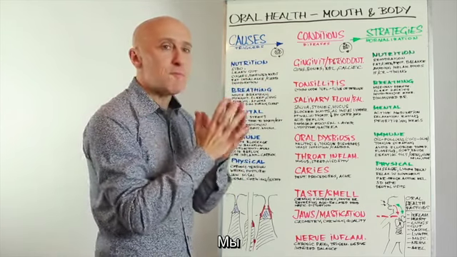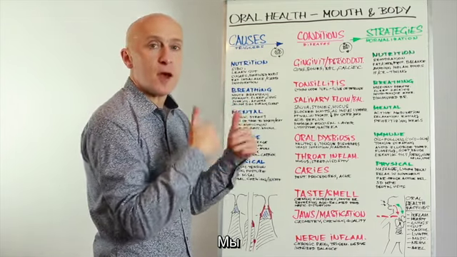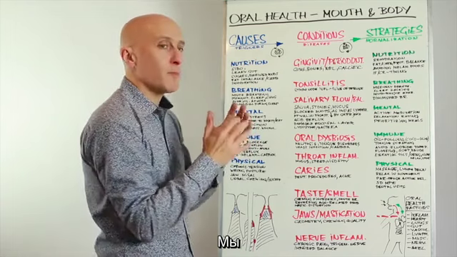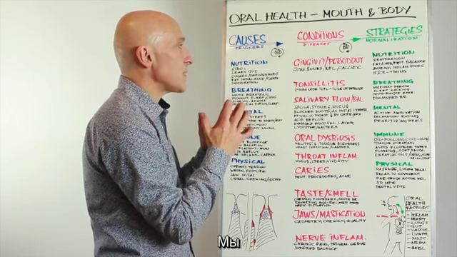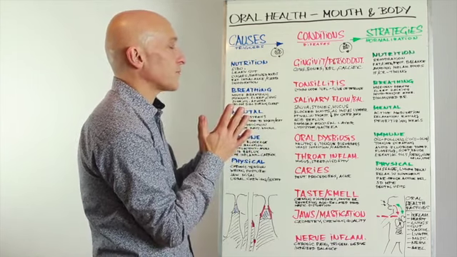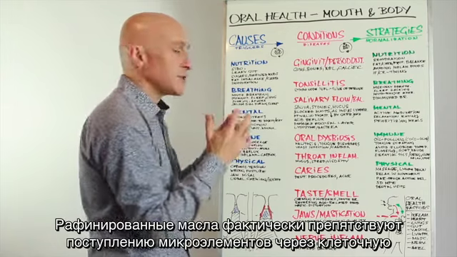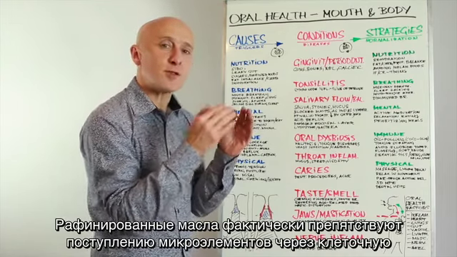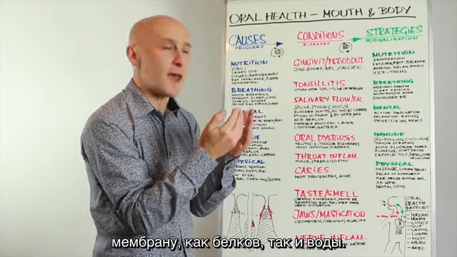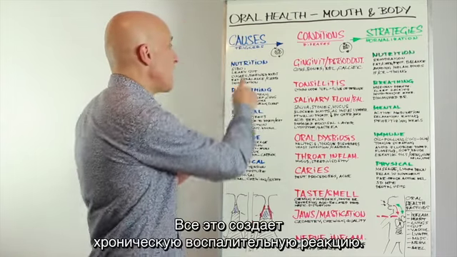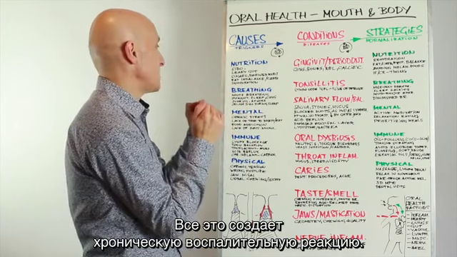We have too many bad oils in our system that impair our immune system, polyunsaturated oils, especially the inflammatory foods like refined oils that prevent micronutrients, both proteins and water, from coming in through the cellular membrane, so it creates dehydration too. And all of this creates a chronic inflammatory response.